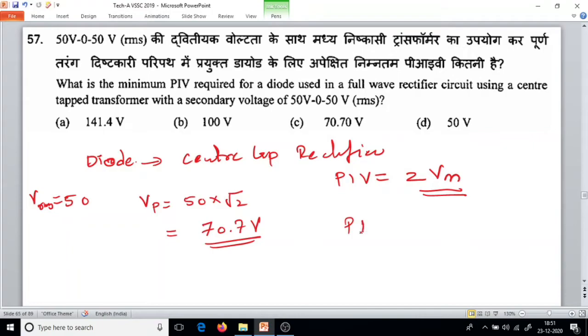So PIV equals 2 times this peak voltage, that is 141.4. So the answer is option A, 141.4 volt.